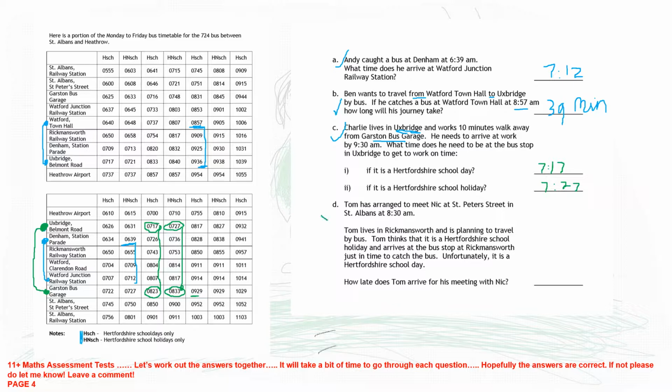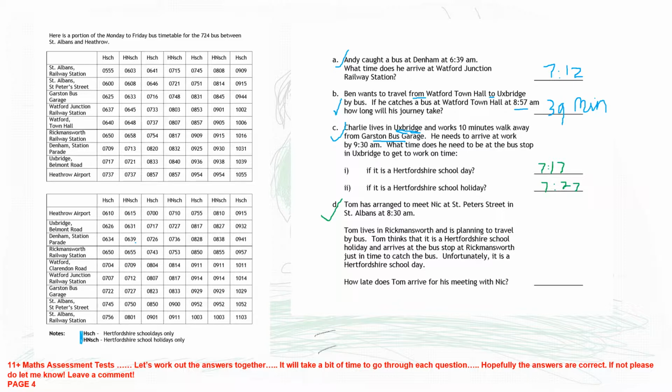The next one is a bit long, so I think I'm going to erase these marks so we can see what we are doing better, and I will use another pen, back to blue. So Tom lives in Rickmansworth.